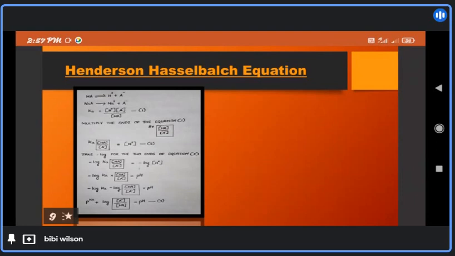Here minus and minus become positive, and the concentration of A- goes upward and the concentration of HA goes downward. Then minus log Ka equals pKa. Then we get pKa plus log concentration of A- divided by concentration of HA equals pH. We take this as equation number 3.